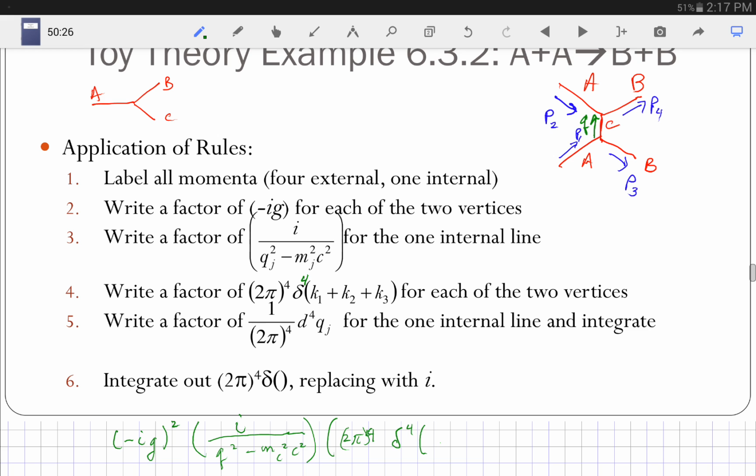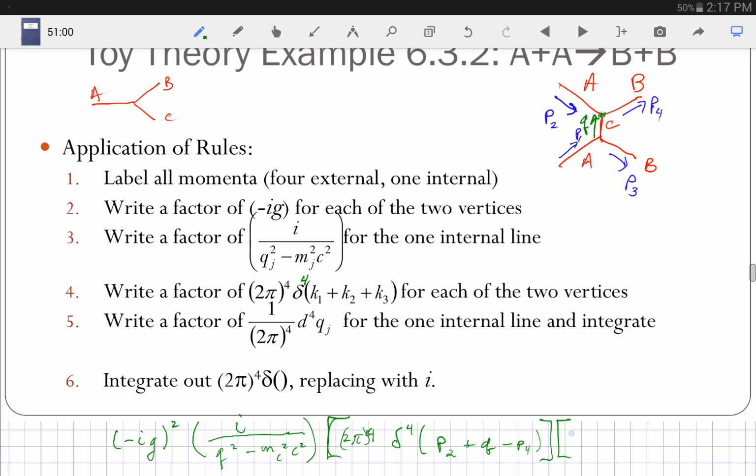It's P2 plus Q. And what goes out? Minus P4. So there's the first one.